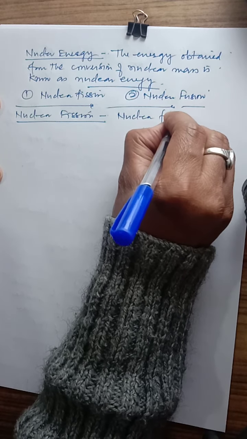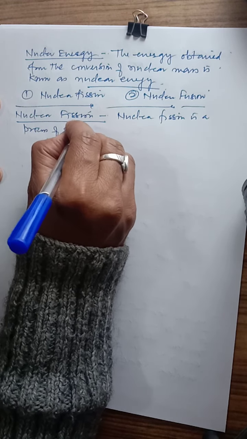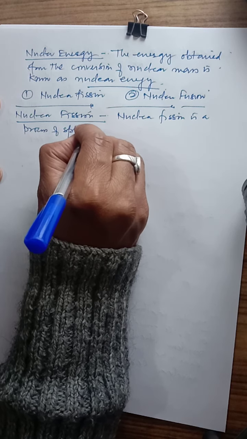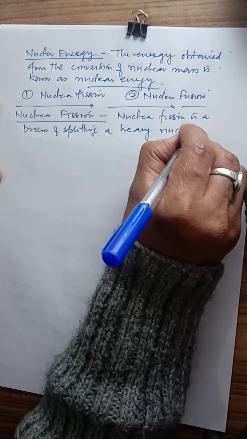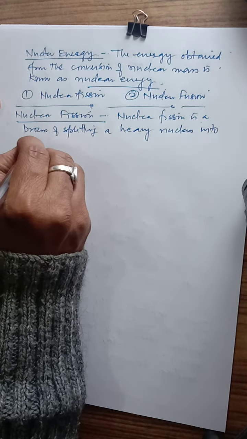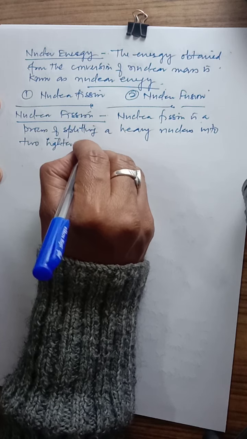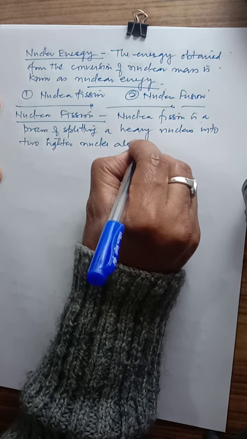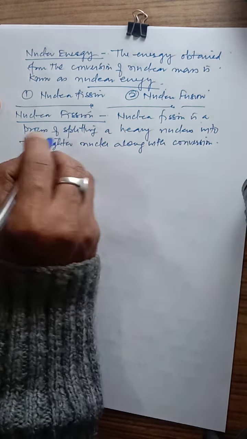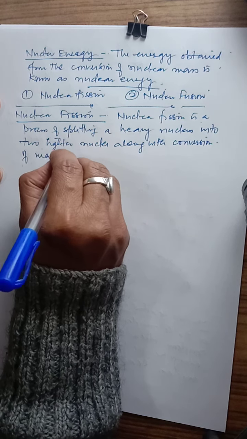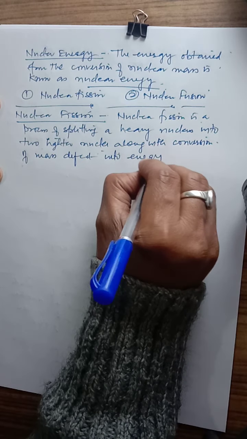Nuclear fission is a process of splitting a heavy nucleus into two lighter nuclei along with the conversion of the mass defect into energy.